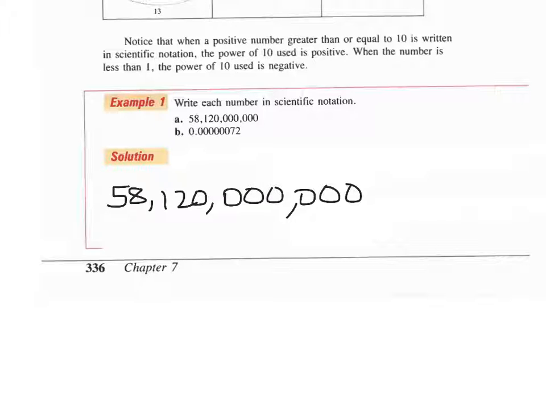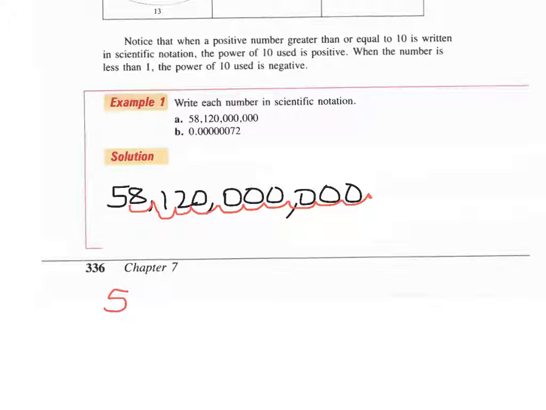Essentially, I want one number in front of my decimal point. So I start at the back because this does not change the value of my number. And now I'm going to count the jumps. 1, 2, 3, 4, 5, 6, 7, 8, 9, 10.